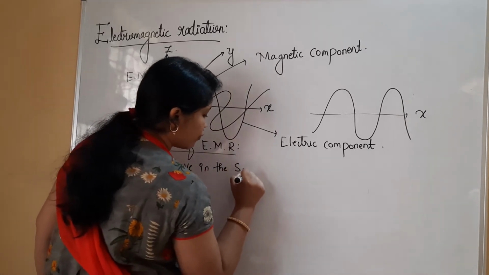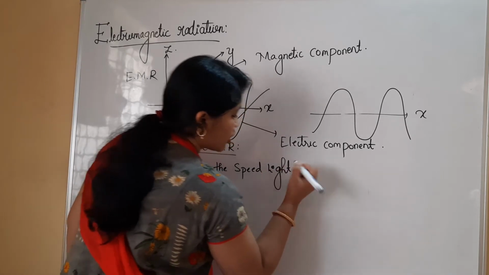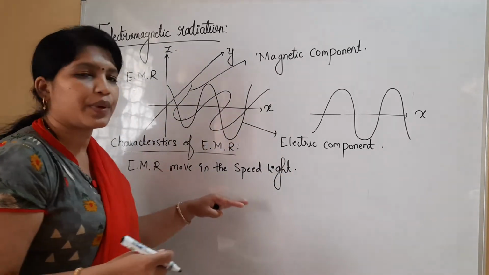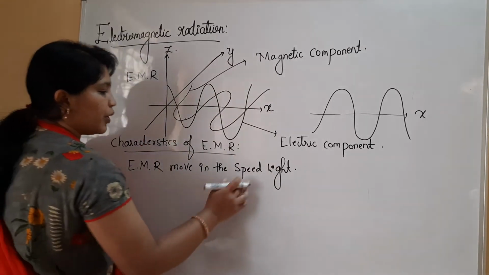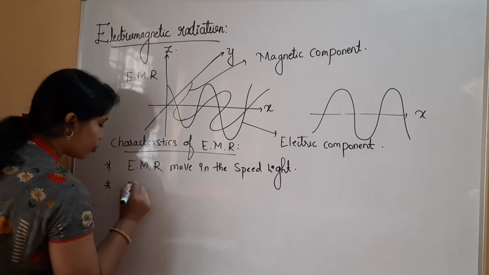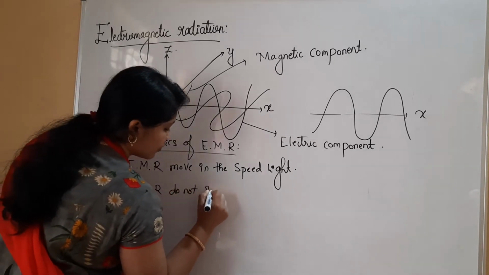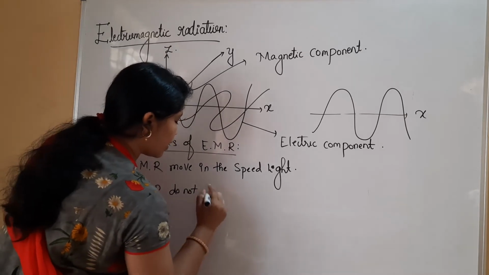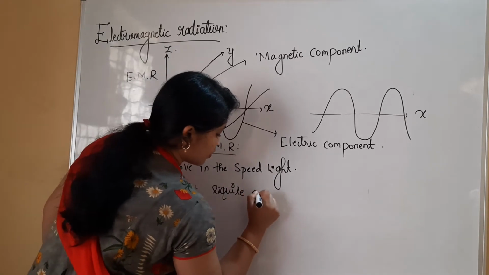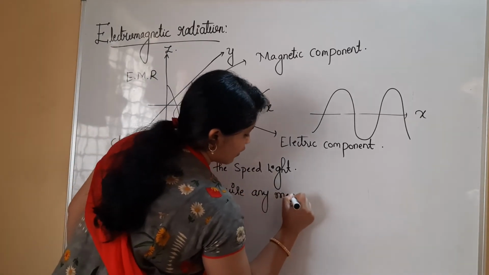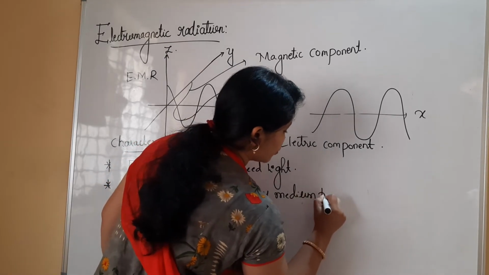At whatever speed light is moving, in the same speed electromagnetic radiations will also move. Second, electromagnetic radiations do not require any medium to propagate.